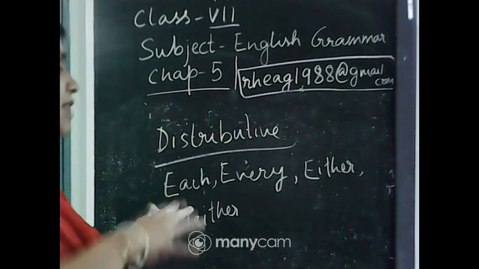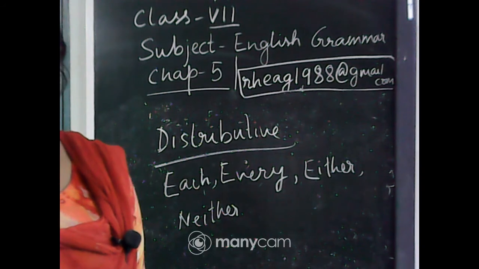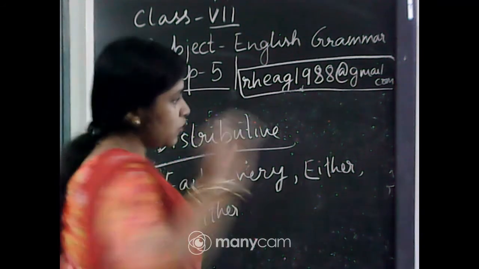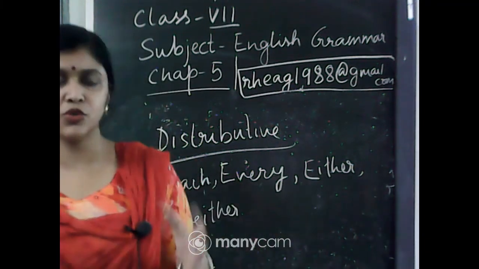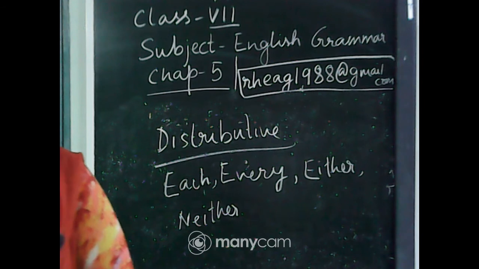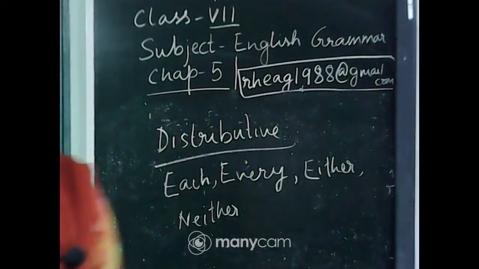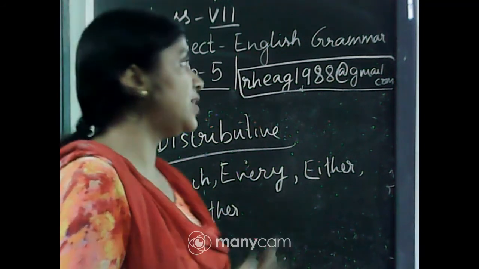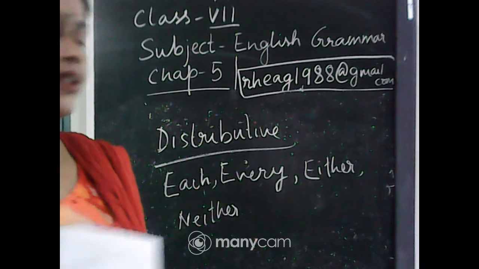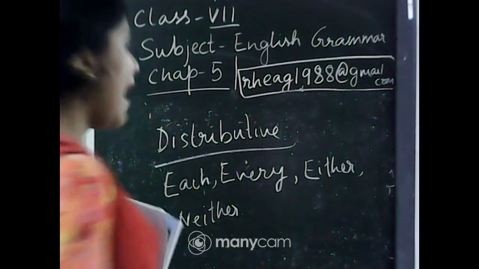If it is a large amount of persons, we use every. So if I say every student of the school, it's a big number of students, so I will use every. Each we can use alternatively with every. Either and neither refer to two things, one out of the two things.